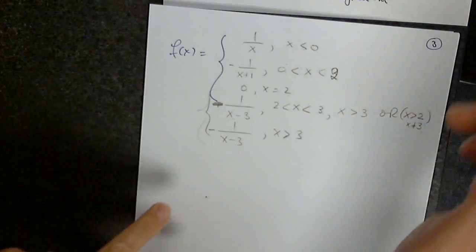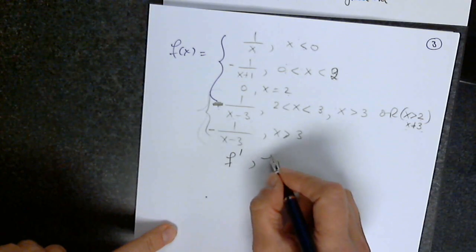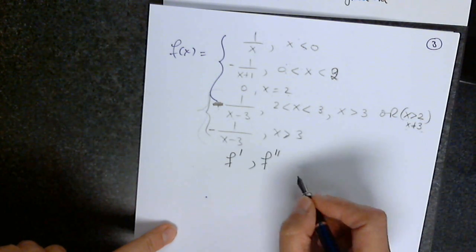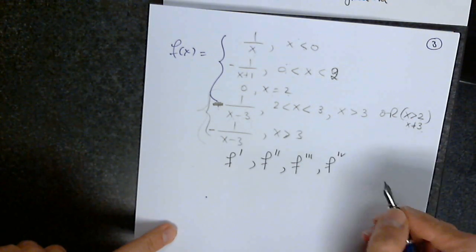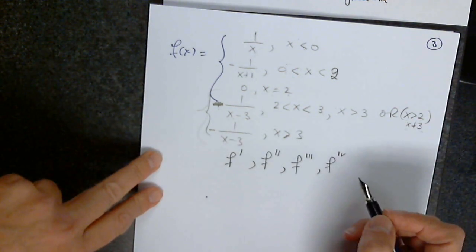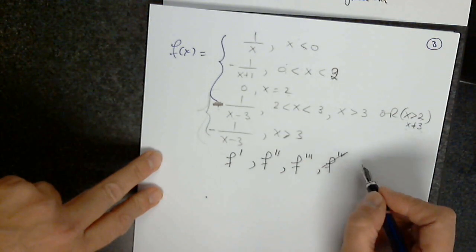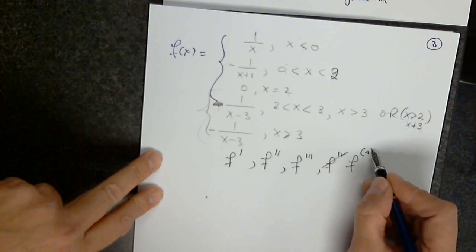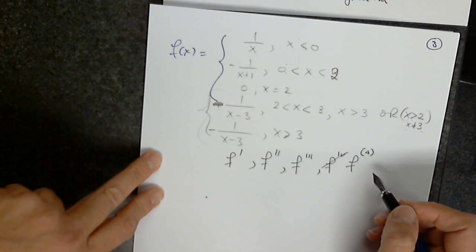Yes. So the notation is like this: f prime. The second derivative is this. The third derivative is this. The fourth derivative is this. You can consider it Roman numbers. Now, sometimes this is denoted by this. It doesn't mean that it's f to the 4th power. It's the 4th derivative.